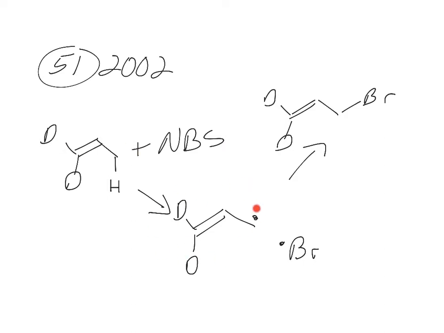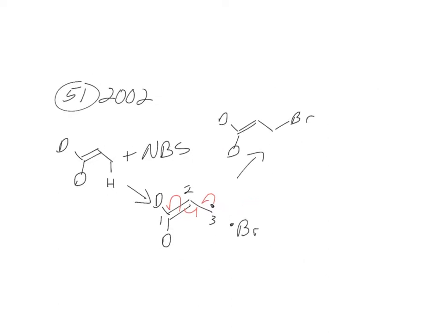So what also can happen here, once you make this allylic radical, is this radical can do resonance. So we do some carbon numbering here: 1, 2, 3. Draw that resonance, single fishhook arrows. That resonance structure would look like this, with the deuterium still on carbon 1.